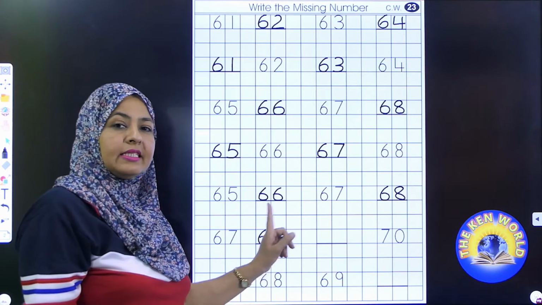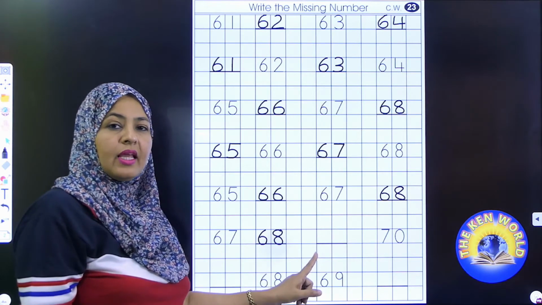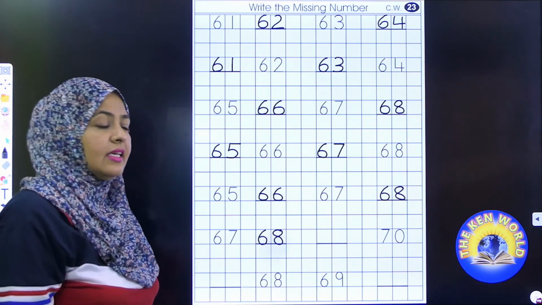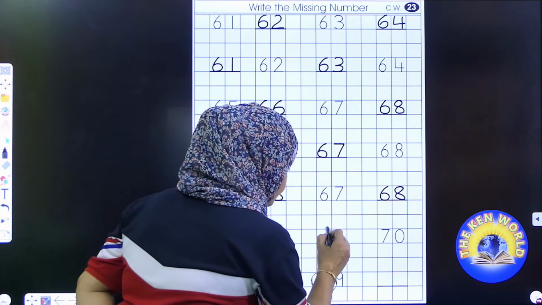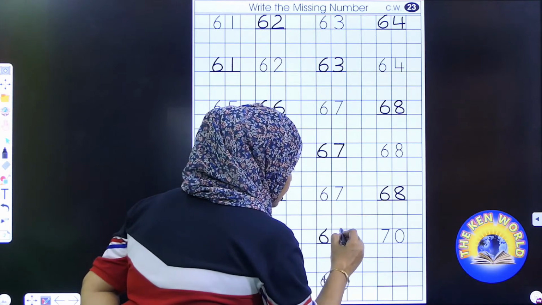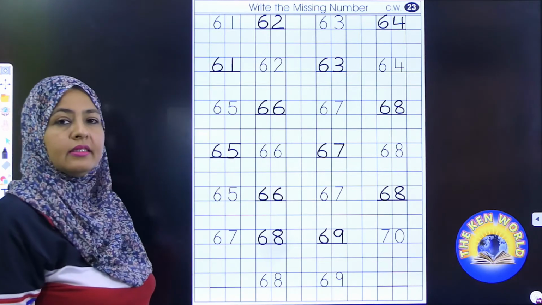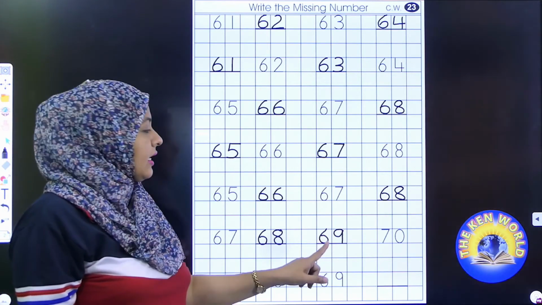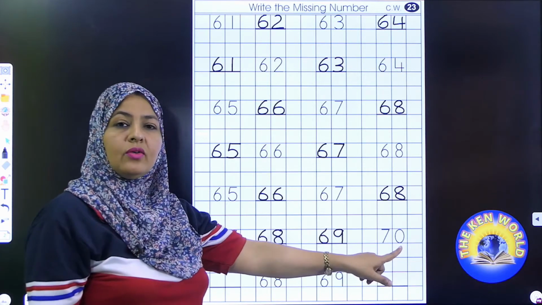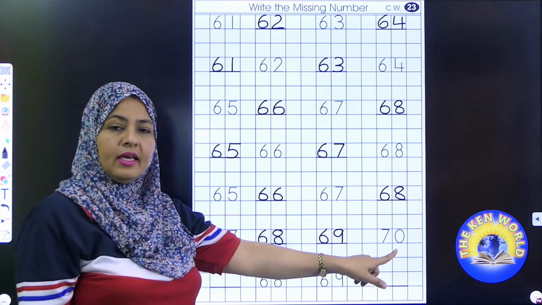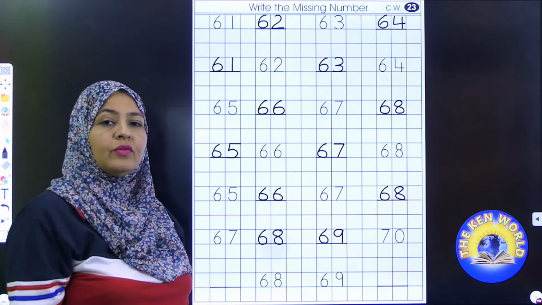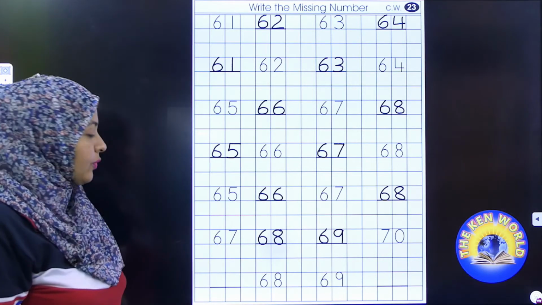So after 68 it is? Well said. 69. After 69 it's 70, which is already written here. Yes? Now move to the last row.